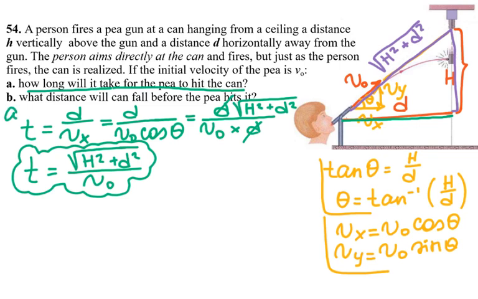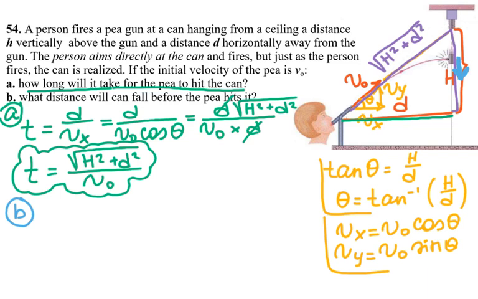So that is your A, the first part. And for your B, let's do it in a different color. What distance will the can fall before the P hits it? So if I know the time for how long the can has been falling, I can find out the velocity of the can right before it gets hit.